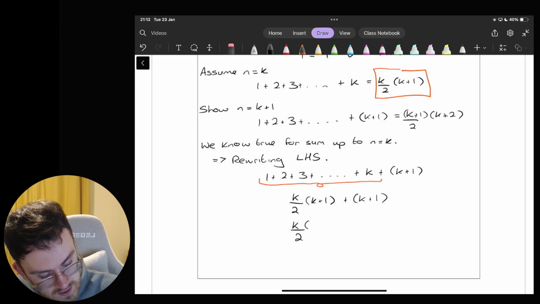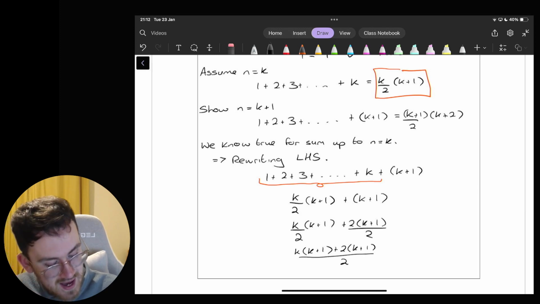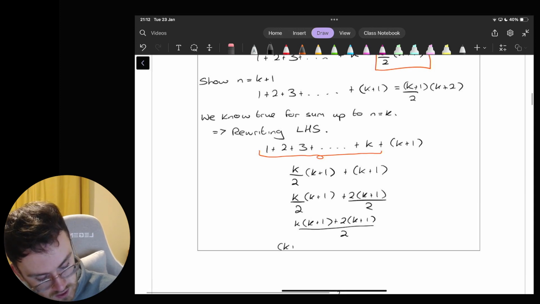Rewriting this so that I can put it all in one fraction, that's 2 times k plus 1 over 2, which is k times k plus 1 plus 2 times k plus 1, all over 2. I can factor out k plus 1 there, so k plus 1 times k plus 2, all over 2.